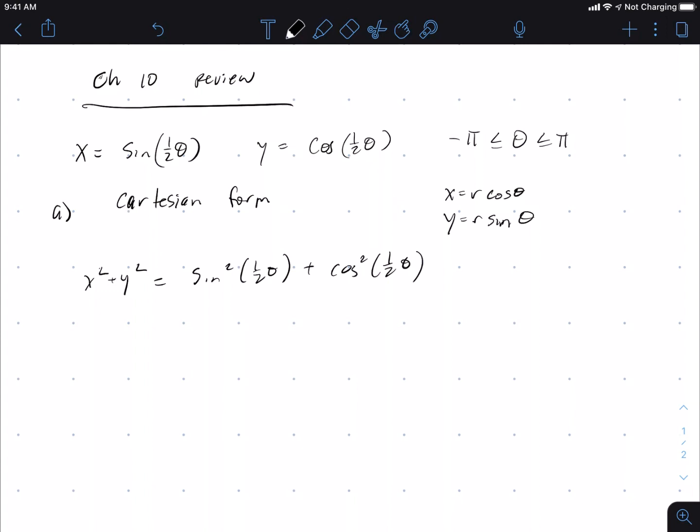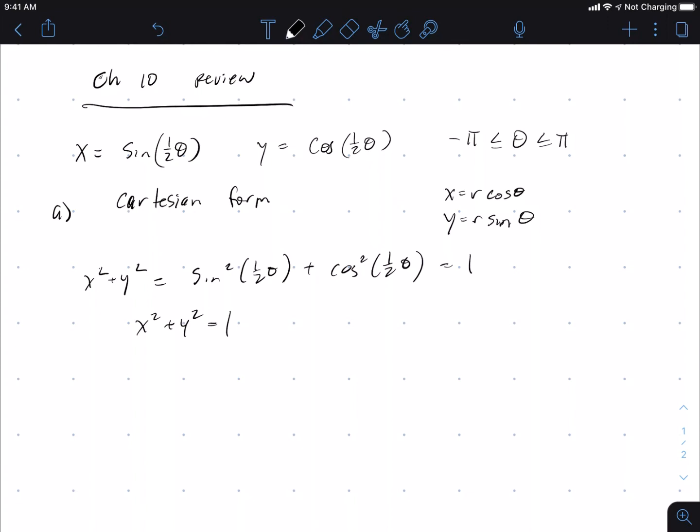Isn't that true? And what is sine squared theta, who cares what theta is, plus cosine squared theta? It's 1. So our equation ends up being x squared plus y squared is equal to 1.